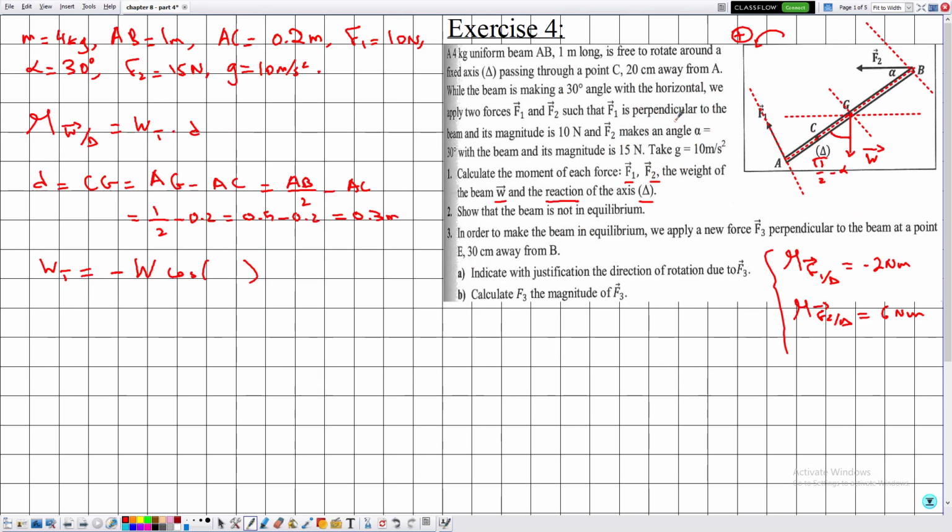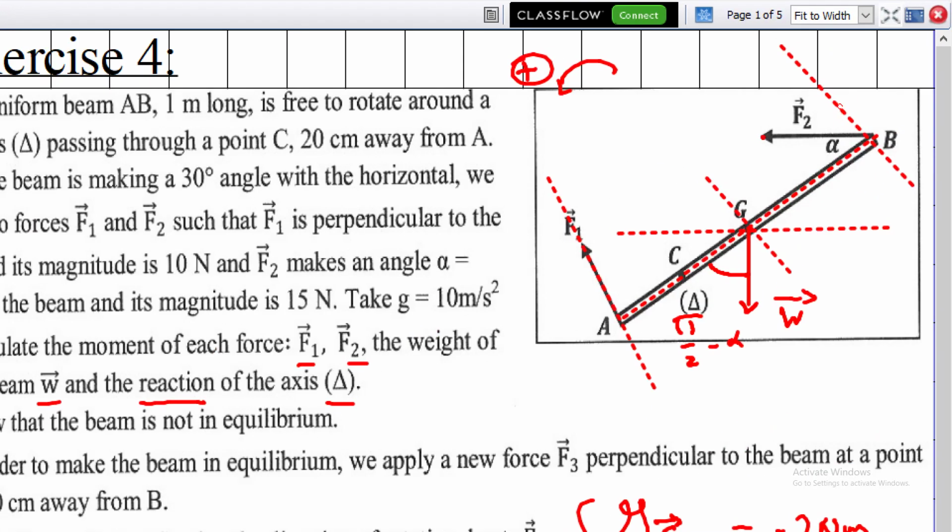So here the trick is to consider a line parallel to F2 passing through the point of application of the weight. Whenever it's a bit tricky to determine the angle, consider another line parallel to the line of action that gives us the angle, in order to determine the angle between W and the direction that we are interested in.